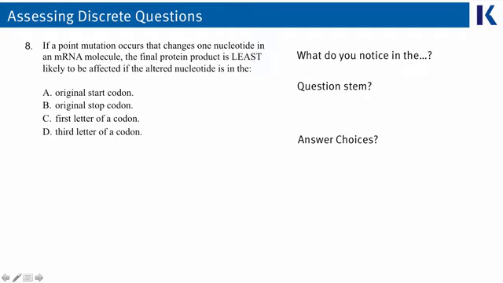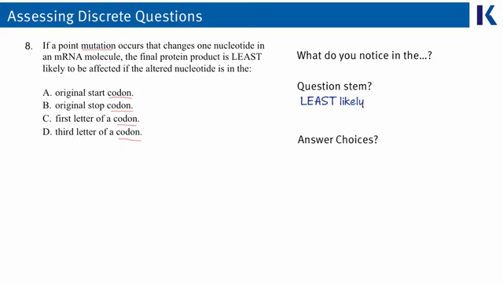The science topic is called out relatively clearly again. We see buzzwords like mutation, and in the answer choices, codons, which imply that we're talking about mutations and their effect on translation. But notice some of the unique factors of this question. The question stem uses the word least. You'll notice that it's capitalized here, and on the MCAT, the word least or except or not or false, those kinds of negative words, are usually, although not always, capitalized in question stems.